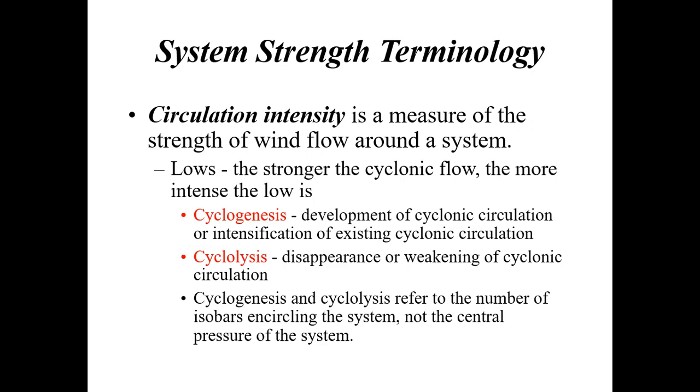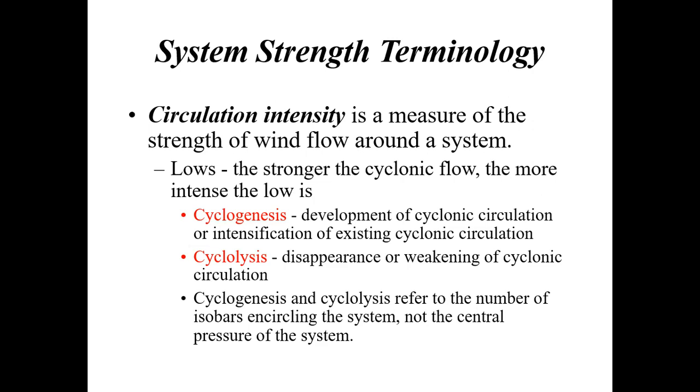Cyclogenesis is just simply the development of cyclonic circulation or an intensification of an existing cyclonic circulation, while cyclolysis sounds a lot like a villain in a Marvel movie. Cyclolysis, however, is disappearance or weakening of cyclonic circulation. When low pressure systems weaken, we say they're undergoing cyclolysis.